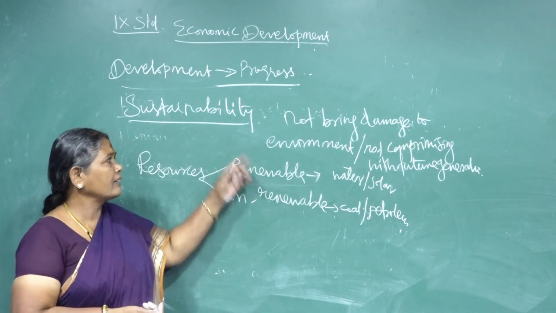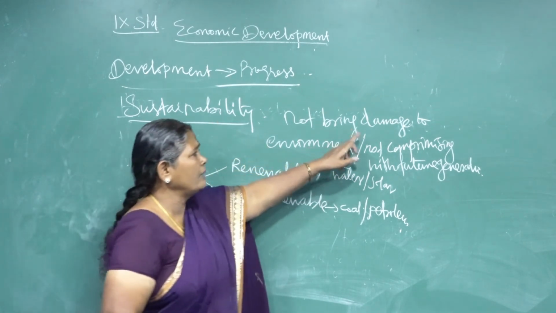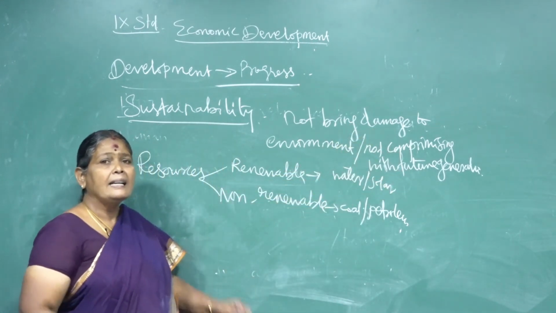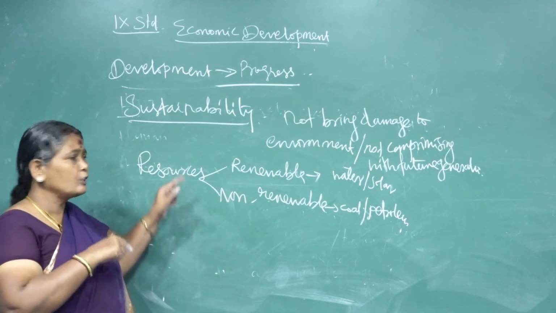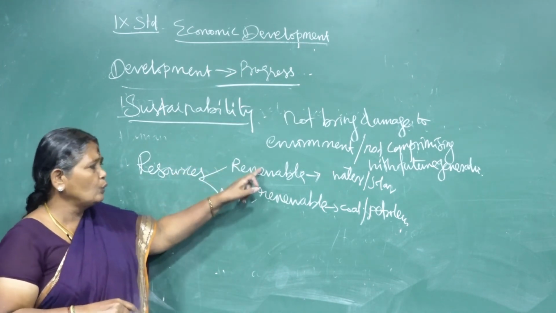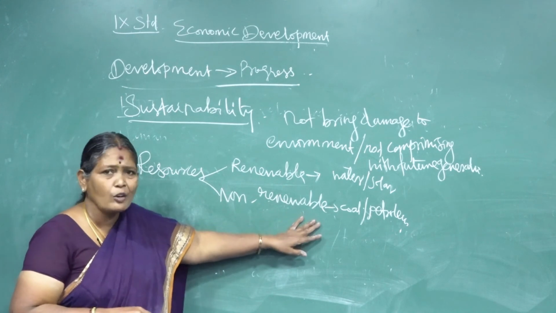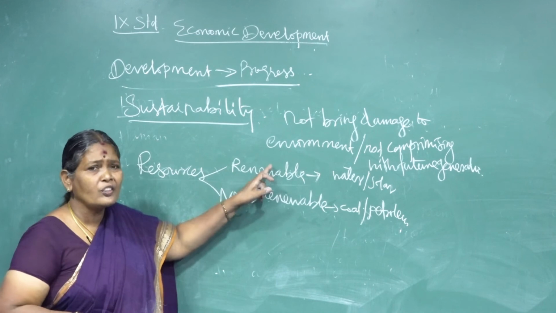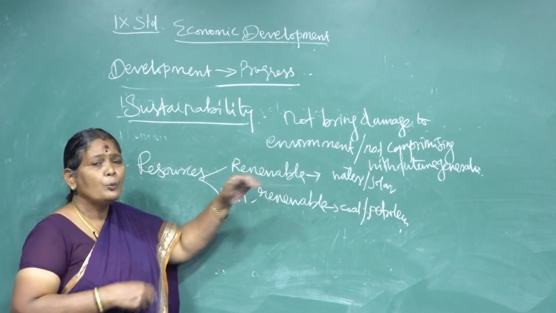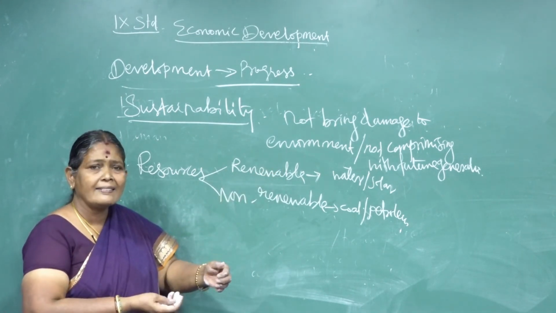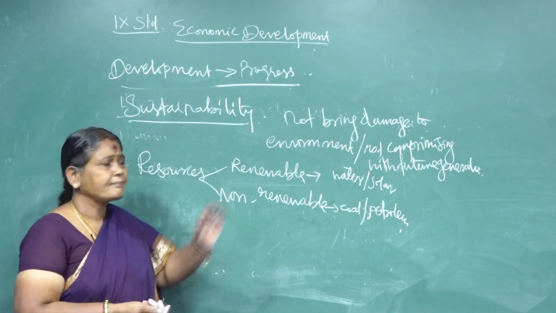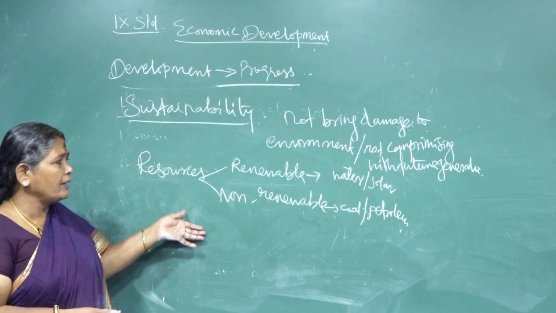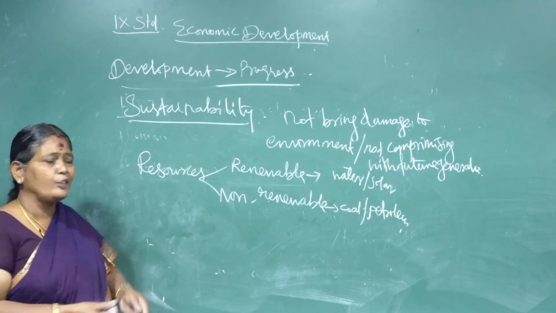How do we achieve sustainability without damage and without compromising future generations? Here only human skill and knowledge must be utilized: how to use non-renewable resources very cautiously, and how to use new technology to make renewable resources again and again. So we have to remember the 3 R's, you know.